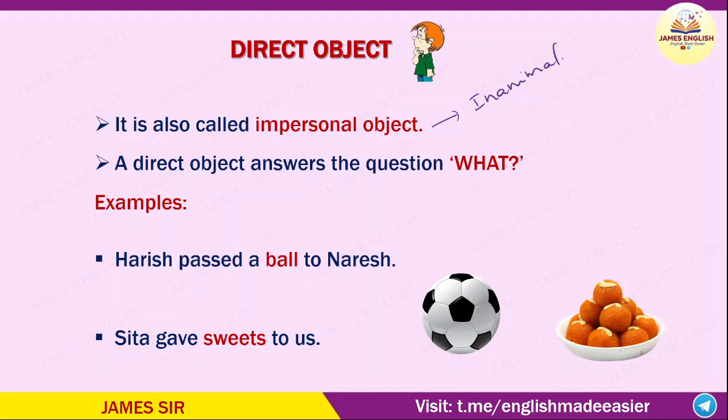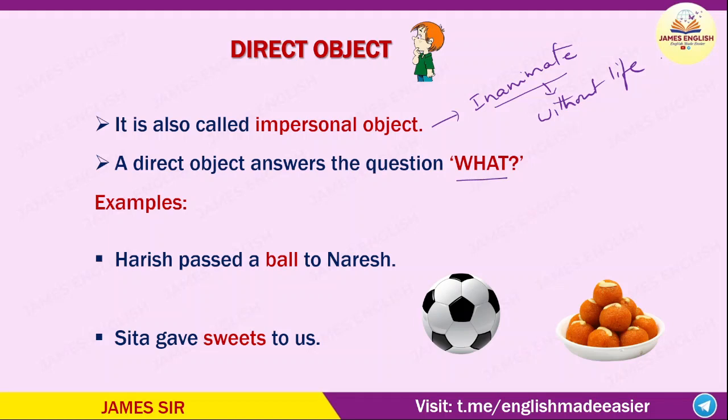Inanimate means without life or without flesh. Then to find a direct object, there is a technique: a direct object answers the question what.